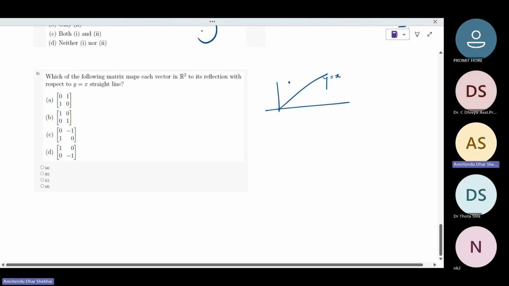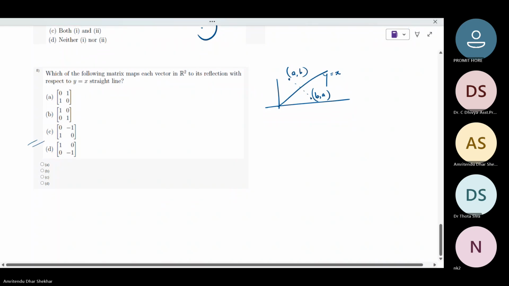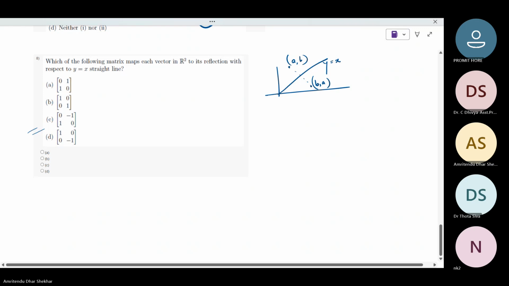So if you have a point (a, b), and if you reflect it, it goes to (b, a). Just figure out which of the matrices does that.